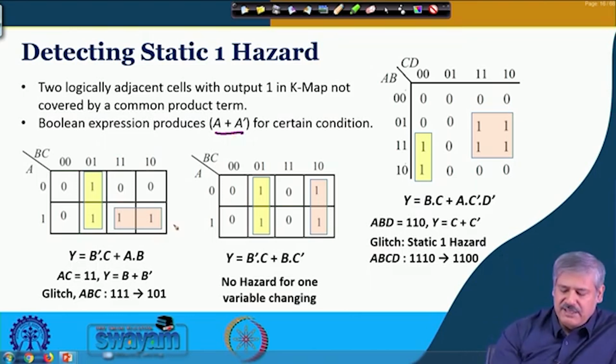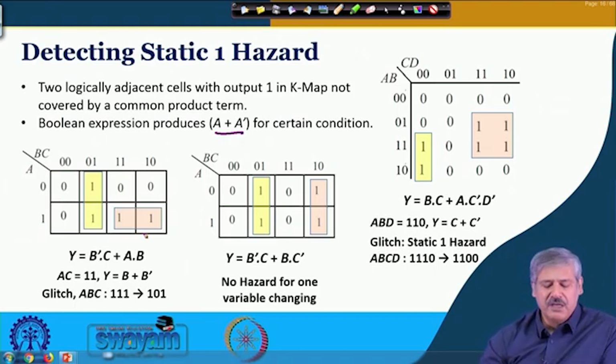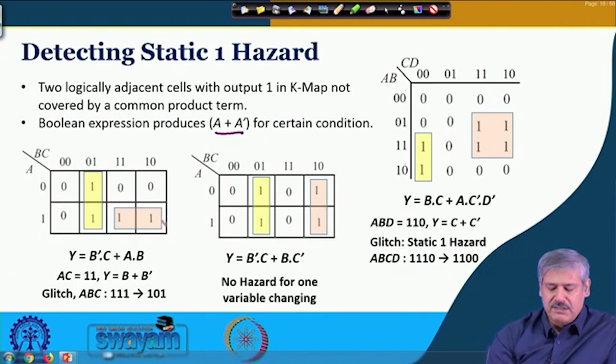So, let us look at this example, similar to the previous example. These are the two ones and these are the two ones. Obviously, we are forming a group like this, these two prime implicants. Is there a potential hazard? Yes, the rule says if two logically adjacent cells with output 1 in the Karnaugh map are not covered by a common product term, there is a hazard.